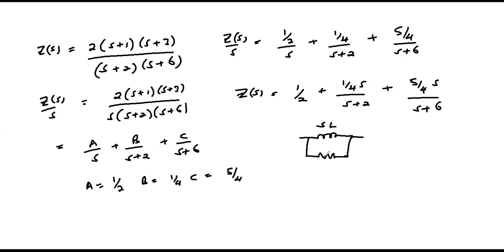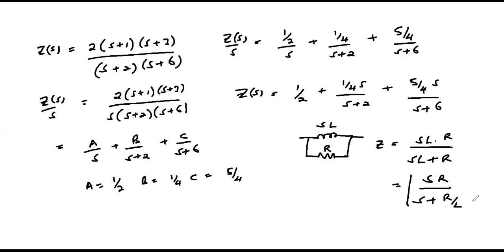This is sL and this is R, whose impedance will be given by sL times R over sL plus R, which we can write, by dividing by L to make the coefficient of s in the denominator 1, as sR over s plus R over L. And this is what we will be comparing with each of the parts that we have.